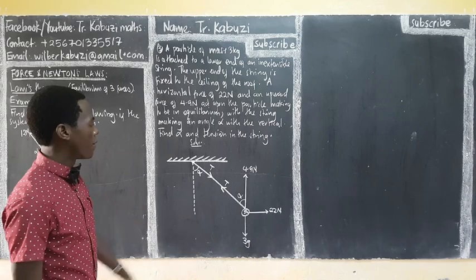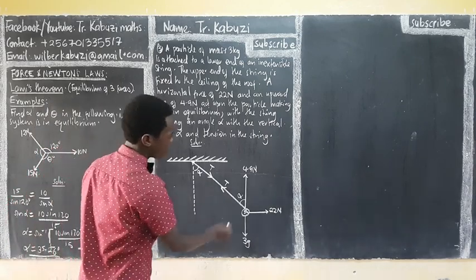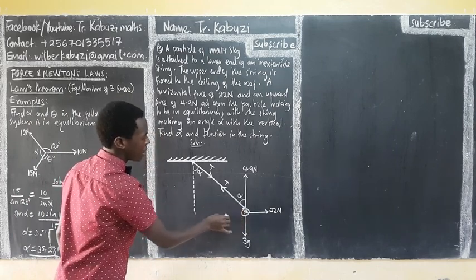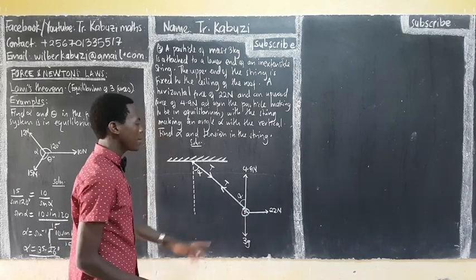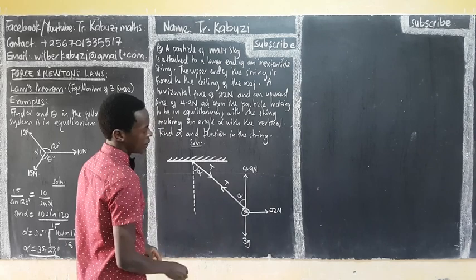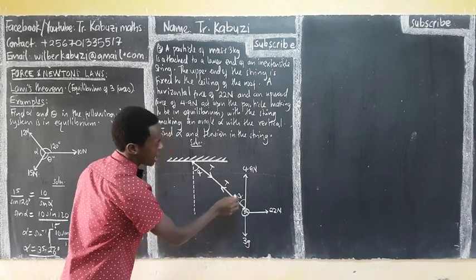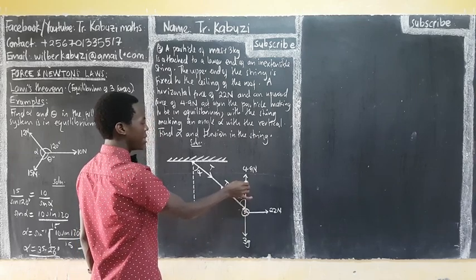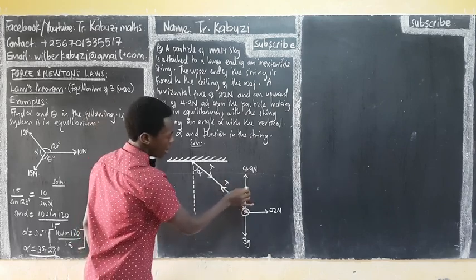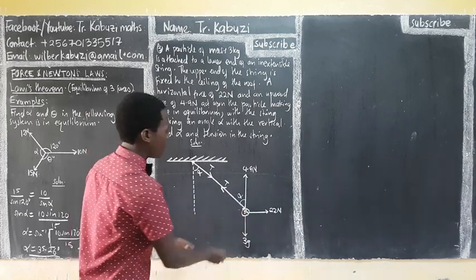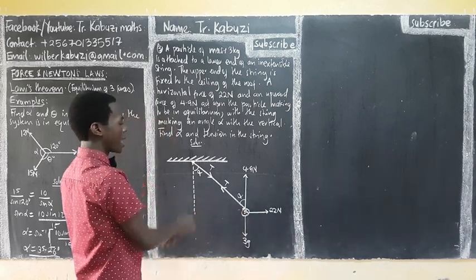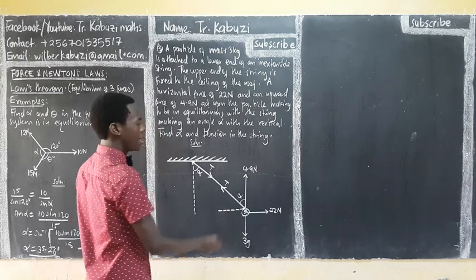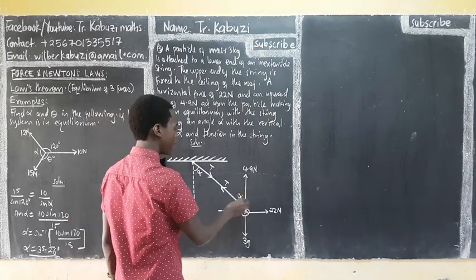Now, if we resolve the tension in this string, I can resolve it like this, then like this. So the force is going to act upwards, and I'm going to have a second force here.